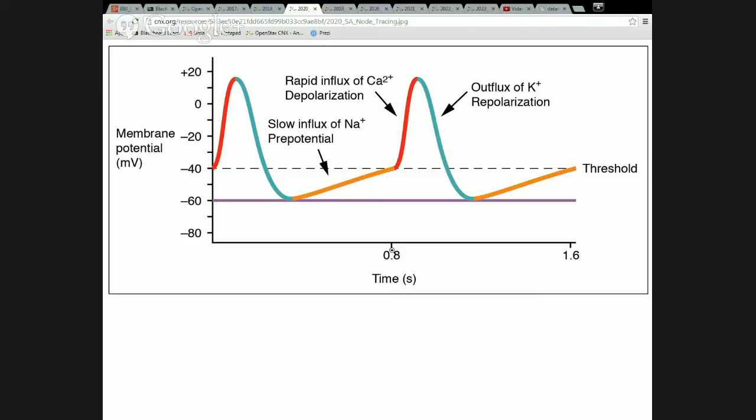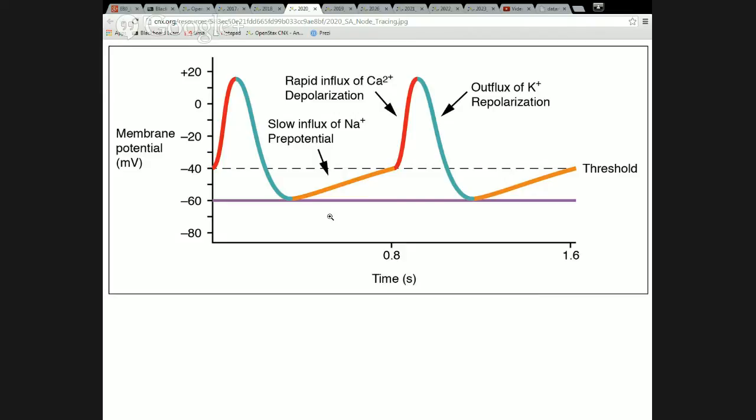Now, it's kind of unfortunate they do this, but pretty much every book does this, so I'm not going to complain too much. The reason why it's unfortunate is because this is not exactly what the SA node is going to do all on its own. By itself, the SA node will depolarize at a rate of about 100 times per minute. So without any autonomic input, the heart will automatically beat at 100 beats per minute, because of these autorhythmic cells in the SA node.